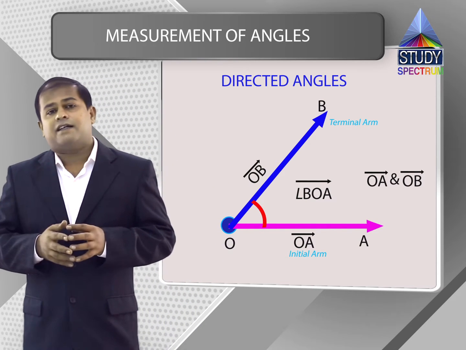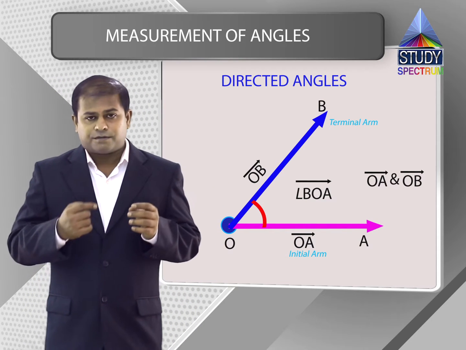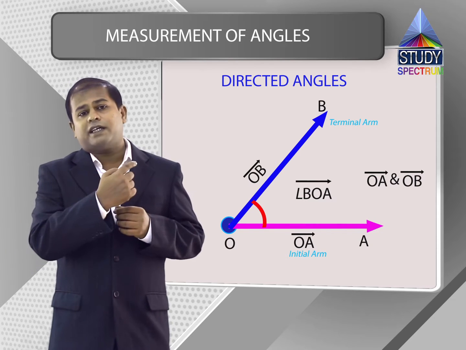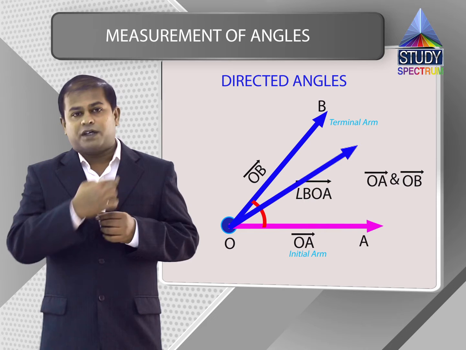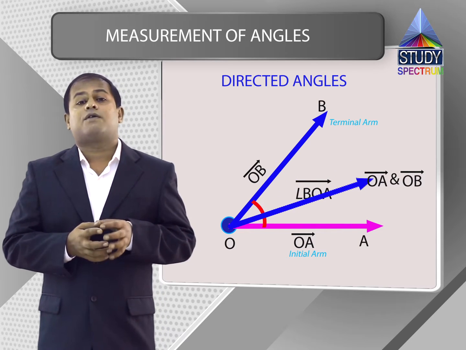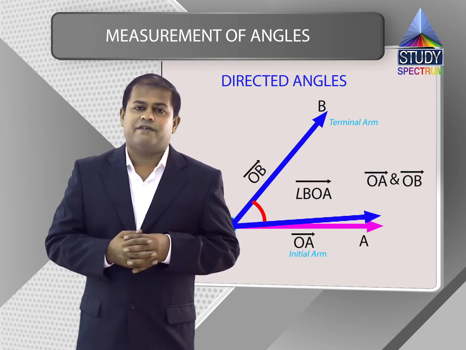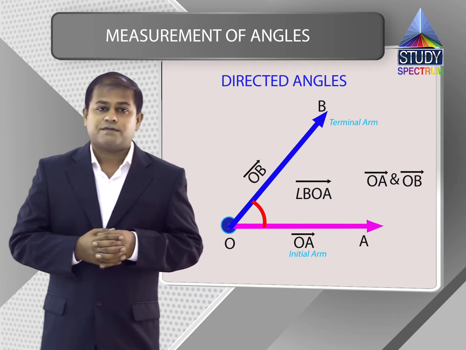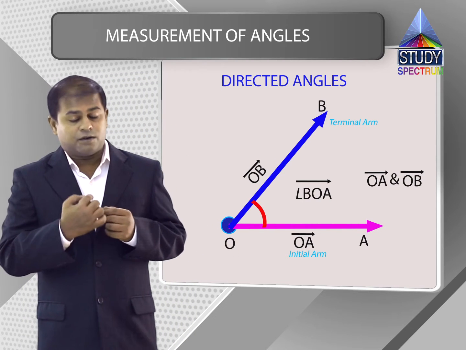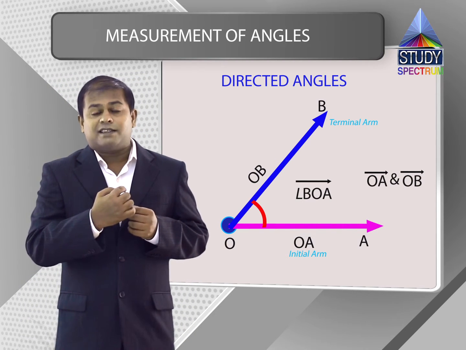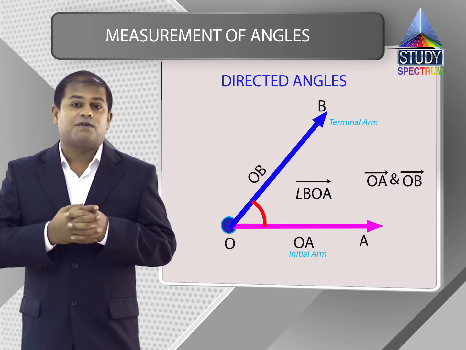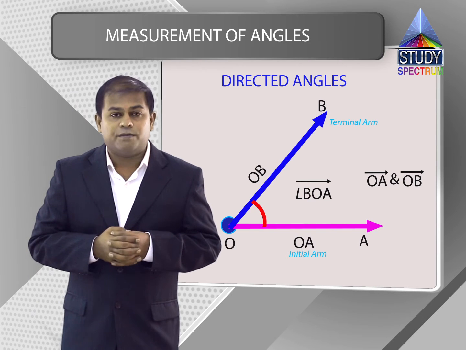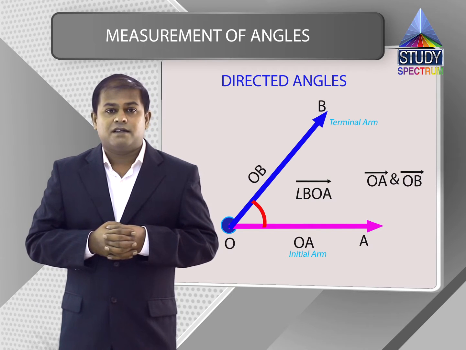To obtain directed angle BOA, you have to rotate OB till it coincides with OA. The rotation provided in this case is opposite to that in the first one, directed angle AOB, right?